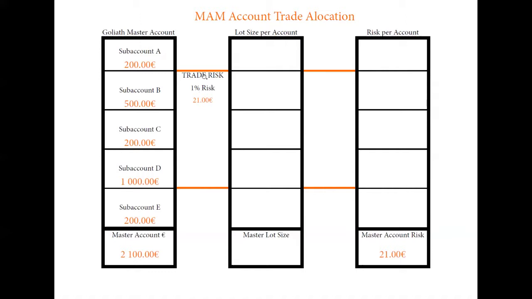So let's see one example. We're looking to make a trade with 1% risk. That would mean 21 euros of the master account. If we use a 50 pip loss, we have a 0.05 lot size, and this lot size would have to be divided through all these accounts.